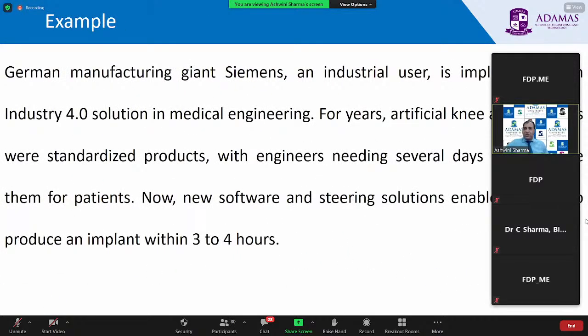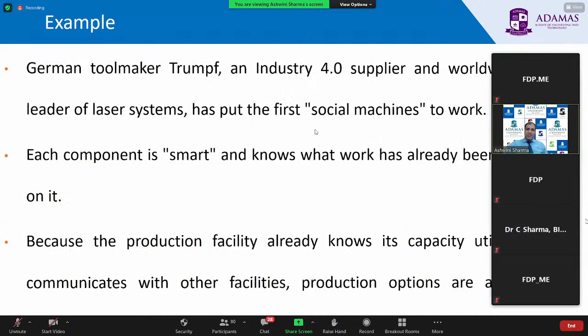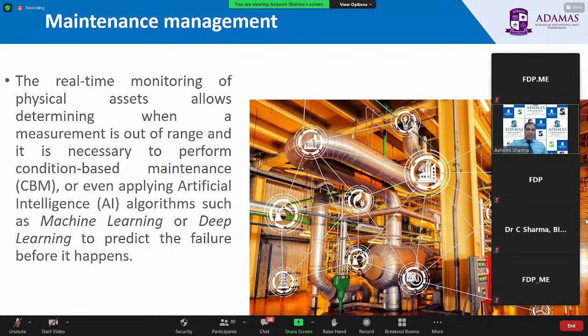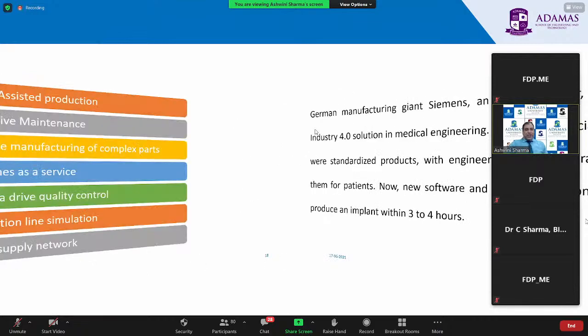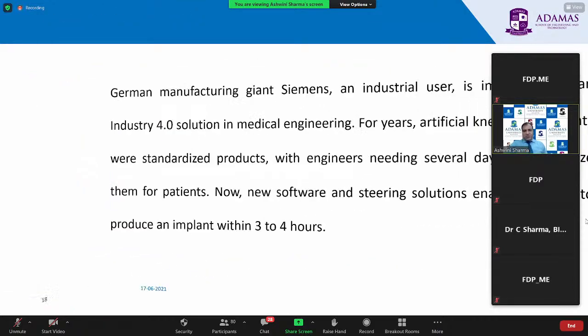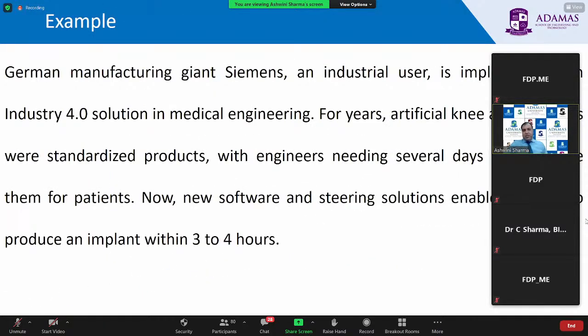So this is what I was talking about at the time when we completed the theory part of it. Okay. So let's see what the different things are with Industry 4.0. Fine. Siemens is getting into this area of Industry 4.0 or smart kind of things in a big way.